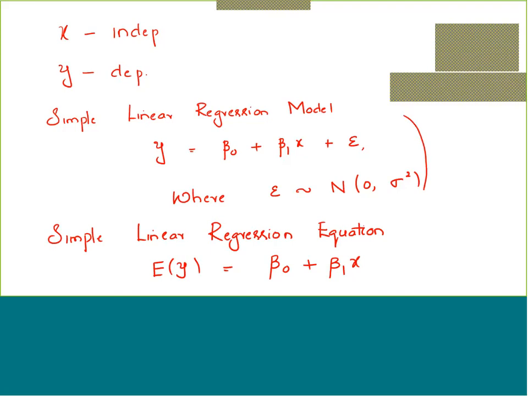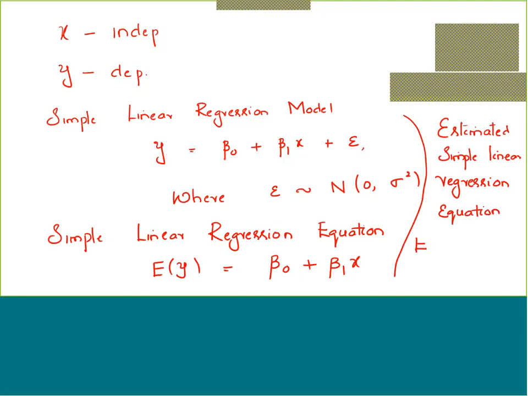So we have the estimated simple linear regression equation, E of y is equal to b naught plus b1 x.